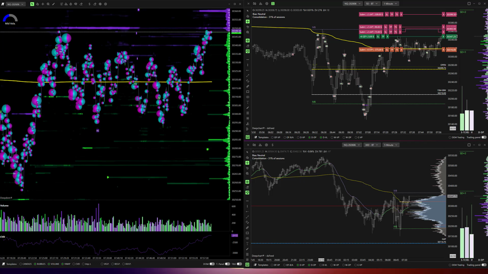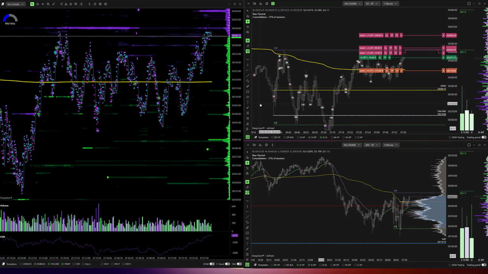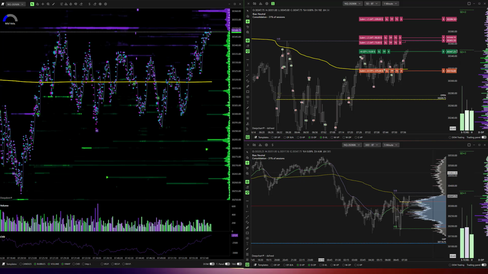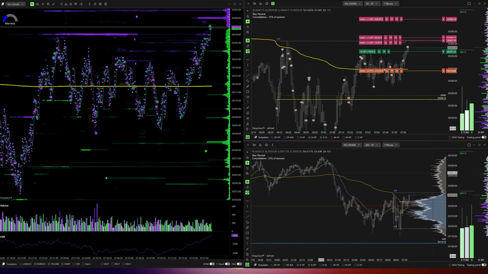My stop was placed just below the breakout area, essentially below the VWAP. The initial targets were the initial balance high and the next key resistance area, while I trailed the remaining position to get the larger move.